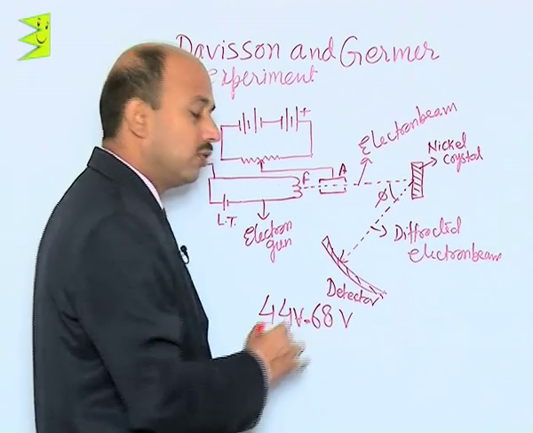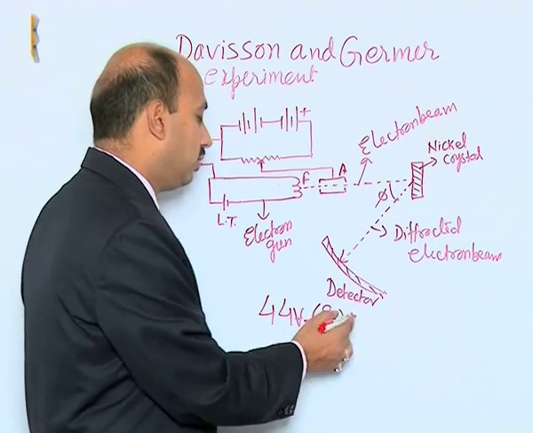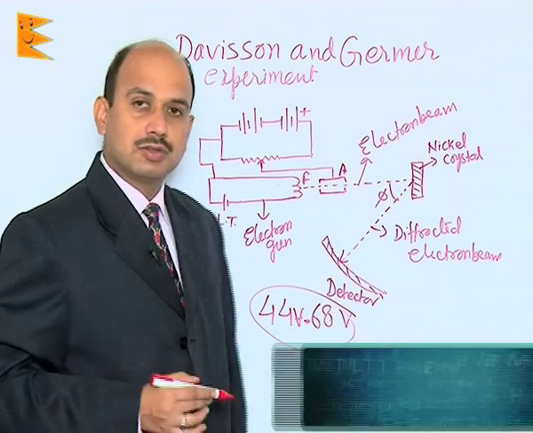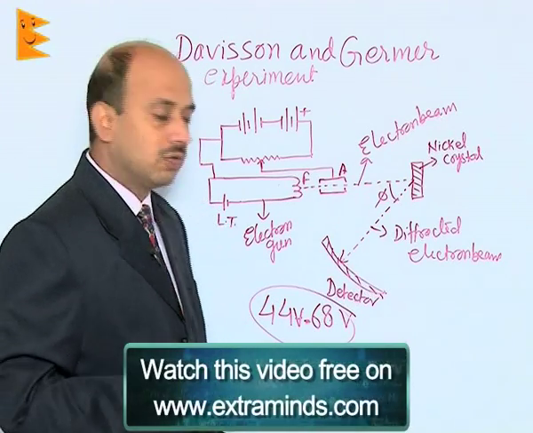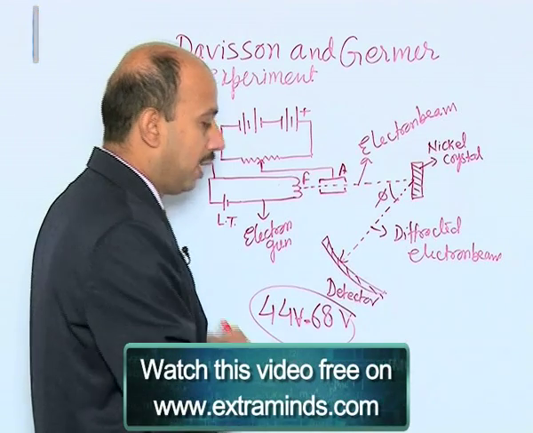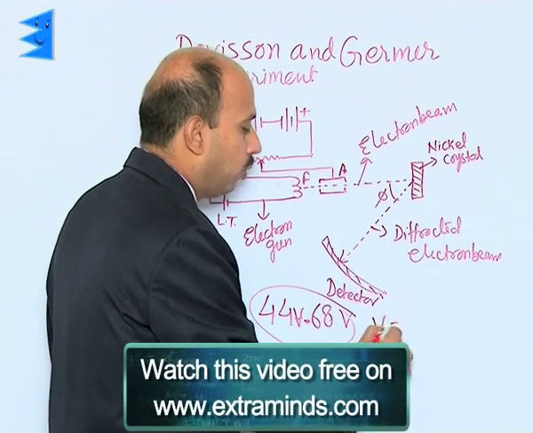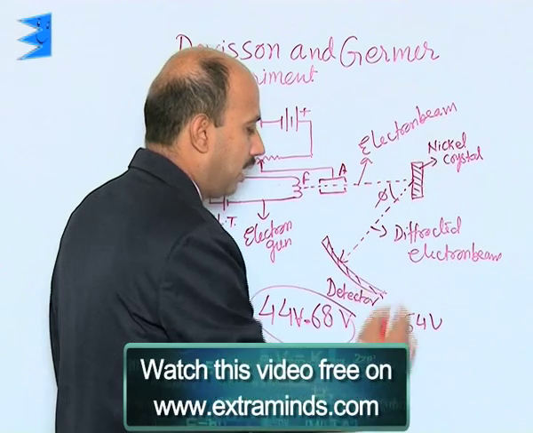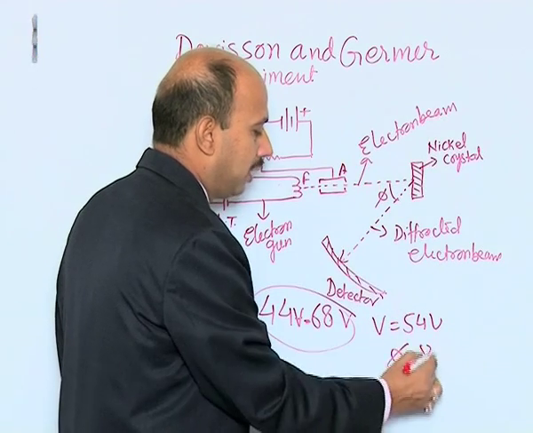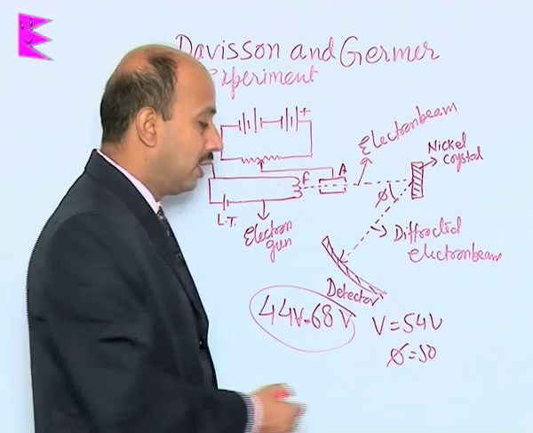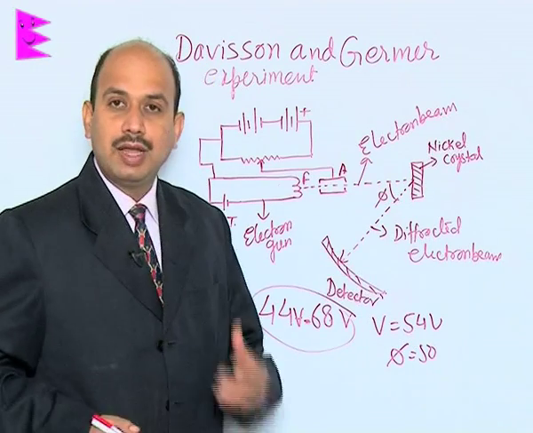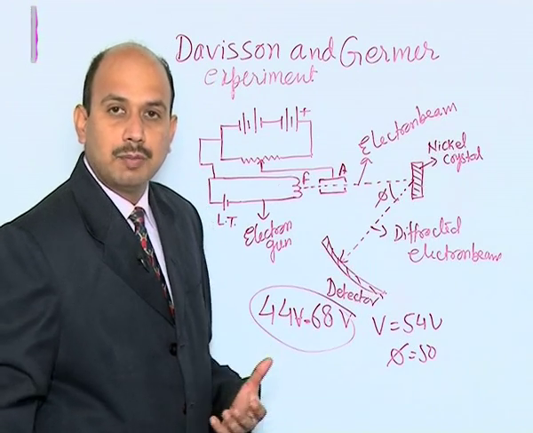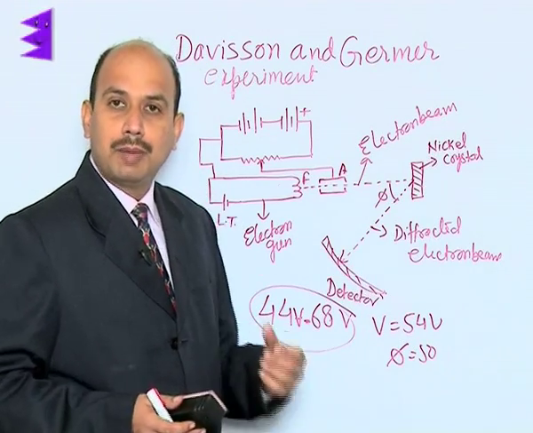At these voltages the experiment was done, and intensity was found maximum when V was 54 volt and phi is equal to 50 degree. So at this angle and at this voltage, the intensity of the scattered beam was found to be maximum.